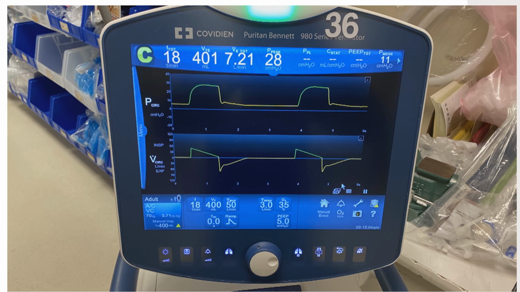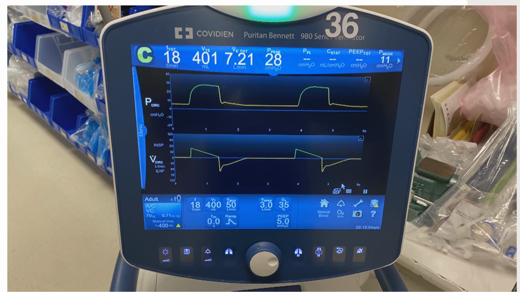Next, if you see the number 18 here at one of the bottom squares on this ventilator, that is just the respirations per minute. It's how many breaths a patient is going to breathe, and that can be set. That can be set a lot higher for patients who are hypoventilating and are carrying a lot of CO2, so it can help them blow off carbon dioxide a little bit easier.